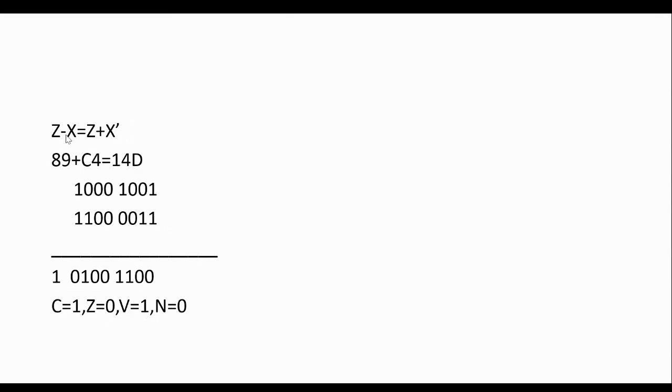Similarly, Z minus X, you get Z plus 2's complement of X. You get 1 for D. So this is 1, 4, and D. Okay, so this is not D. This could be a C. Let me check. 1, 1, 0.